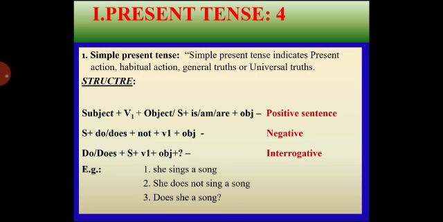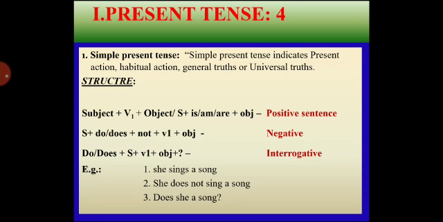So these primary auxiliaries, am, is, are, can also be used in the simple present tense and are treated as V1. Do remember this positive structure. The negative structure is subject plus do/does plus not plus V1 plus object. Does can be used for the third person singulars. What are the third person singulars? He, she, it. And the interrogative is do/does plus subject plus V1 plus object plus question mark.